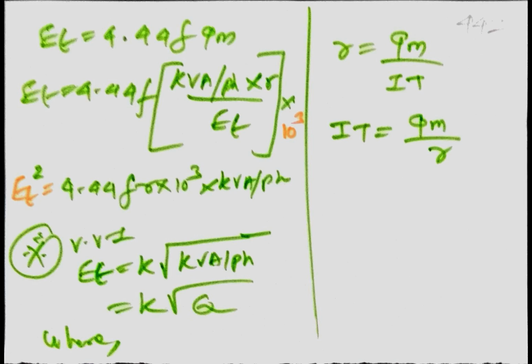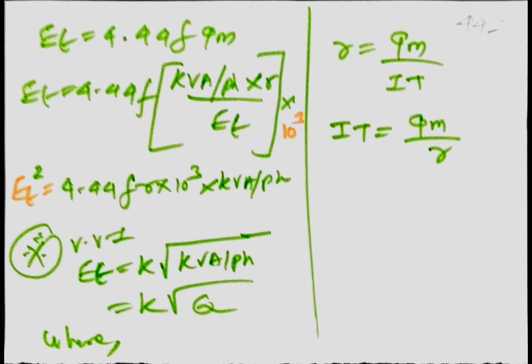Et is equal to 4.44 f into φm, where φm is kVA per phase into r divided by Et into 10 power 3. From the above formula we find the φm formula. Et squared is equal to 4.44 f r into 10 power 3 into kVA per phase. r is φm divided by IT, so IT is equal to φm divided by r.